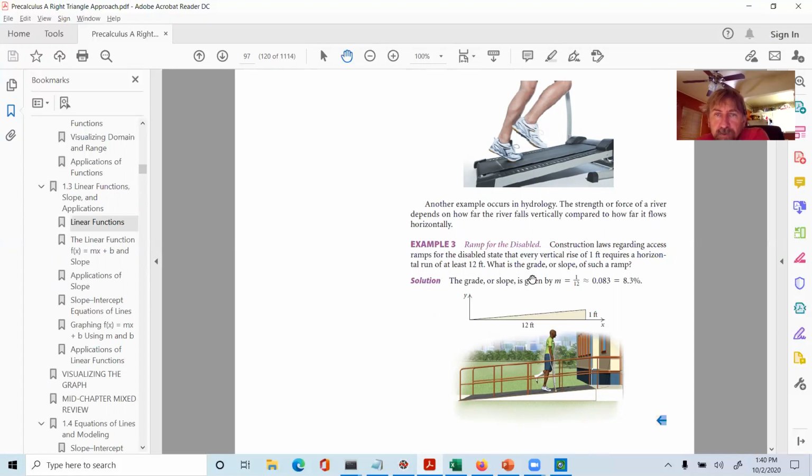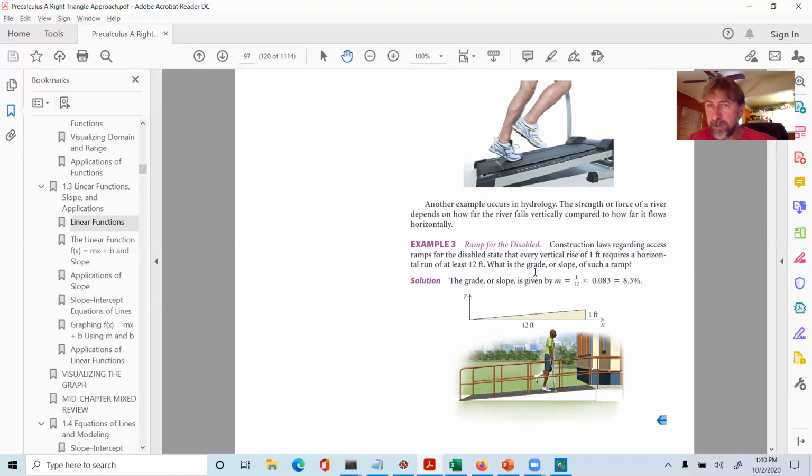Sorry, I was scrolling back, just looking at the different problems, but this is to give you an idea of slope and what it is. Here, the grade or slope is given by 1/12. So delta y over delta x is 1/12. It goes up 1 foot in the rise over 12 feet in the length, which is what we're showing here.